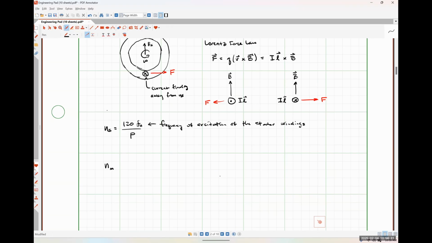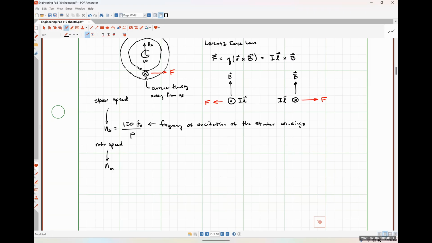NM, let me actually put another arrow here. So this is the stator speed, and NM is going to be the rotor speed. It's got the subscript M because it's a mechanical speed, okay?